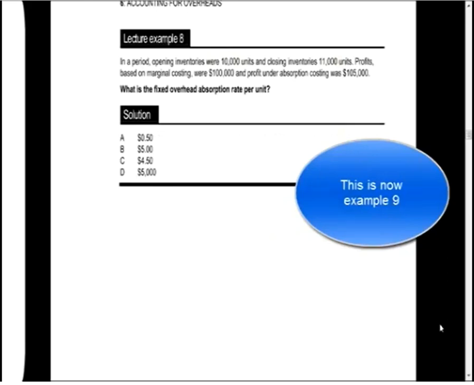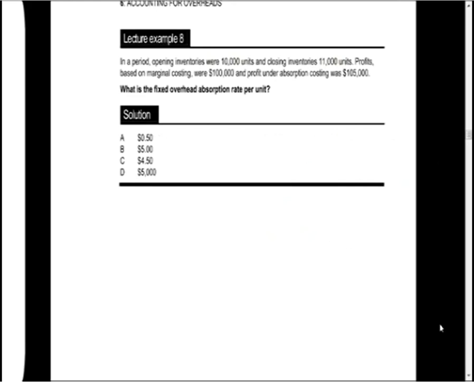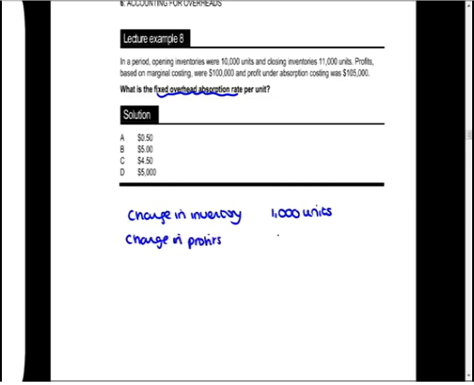Lecture example 8 then is a very typical exam question because we're trying to work out our overhead absorption rate per unit. So it's a chance for us to practice what we saw in the previous worked example. So the change in inventory is 1,000 units, 10,000 compared to 11,000, and the change in profits is $5,000.